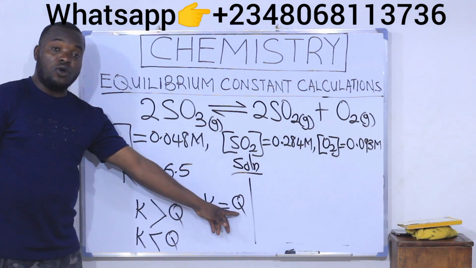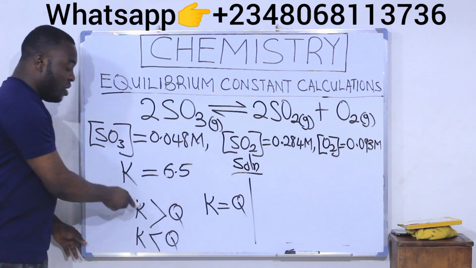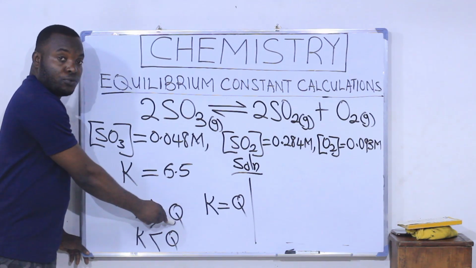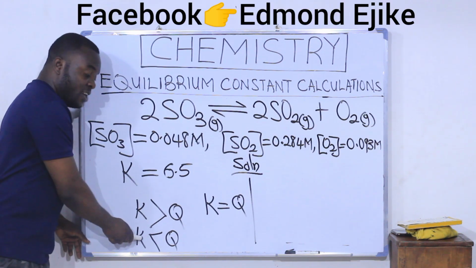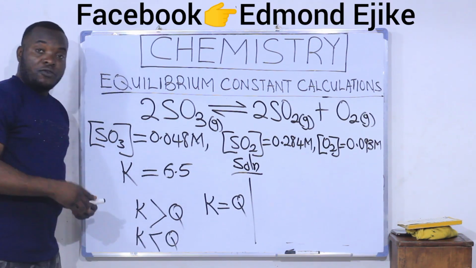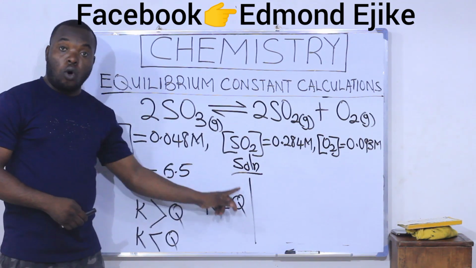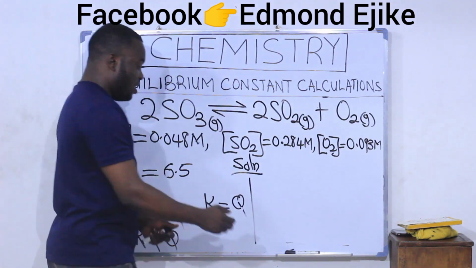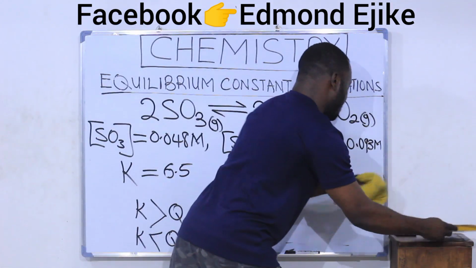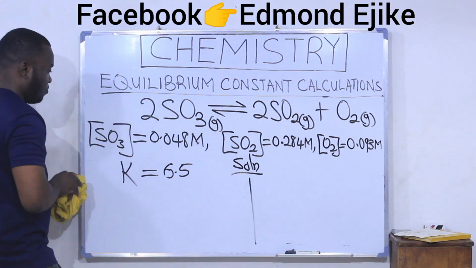Remember this: if K is greater than Q, the reaction will move in the forward direction. If K is less than Q, the reaction will move in the backward direction. But if K is equal to Q, the reaction is at equilibrium. Now what do we do next? Let us find the value of Q before we can conclude.